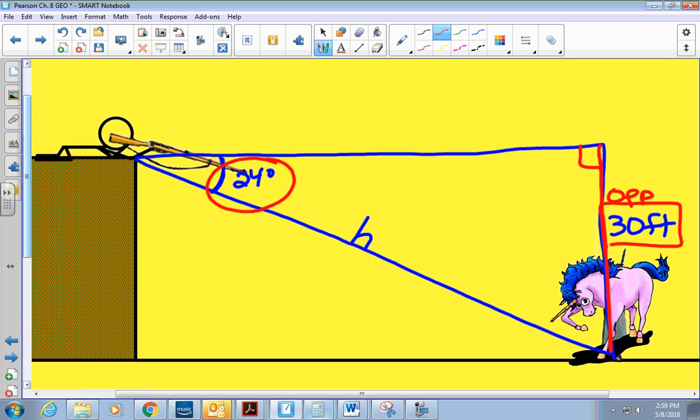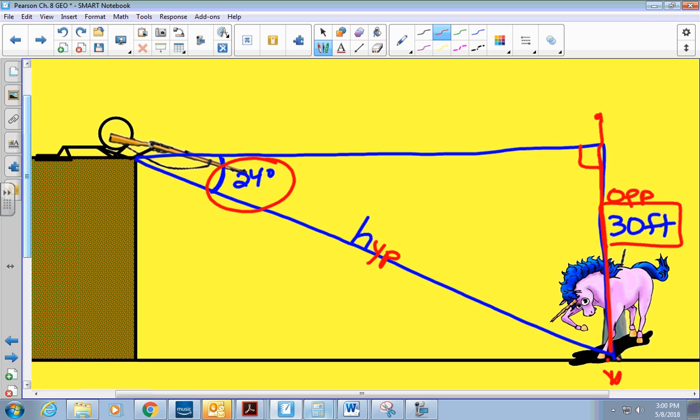It is across from this 24 degrees, and if you go on forever, it never runs into our angle. And then this H right here, is it the adjacent or the hypotenuse? It's across from our 90 degrees, so it has to be our hypotenuse.